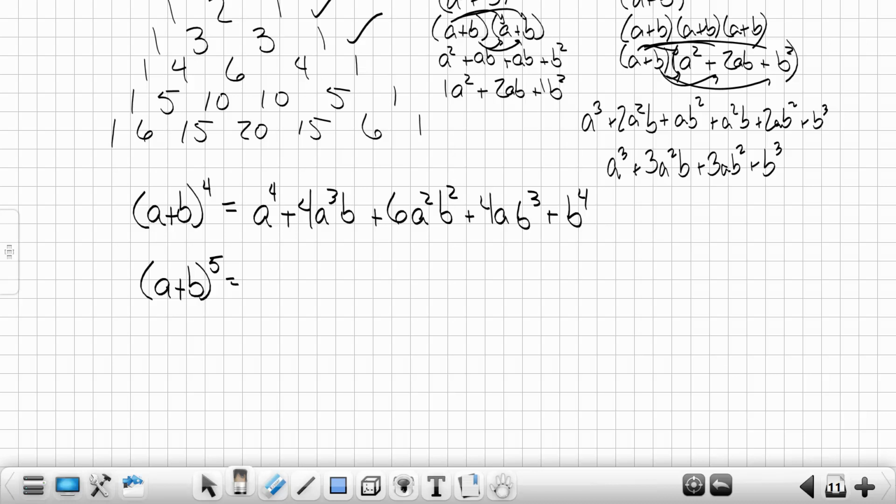A drops a power. B now comes into existence. 6. A drops a power. B gains 1. It's already at 1. Now it's at 2. Now we bring in the 4 again. A drops a power. B gains 1. And then we're back. Now we're to the 1 again. A drops a power. It's gone. B gains a power. It's the 4.